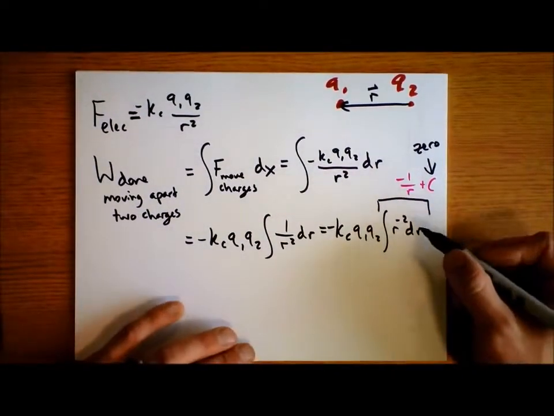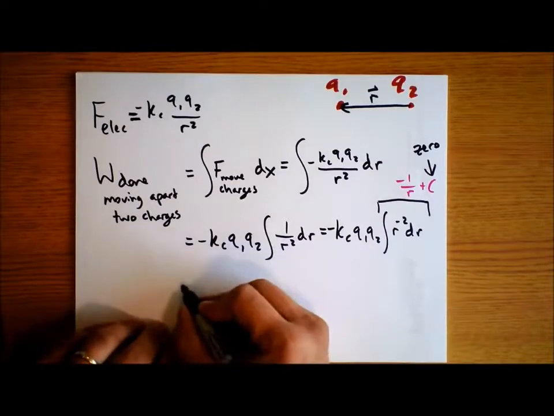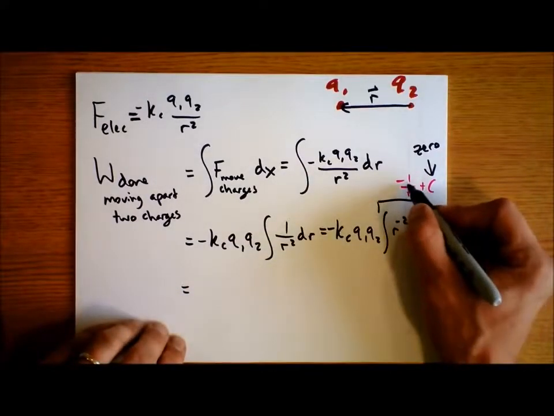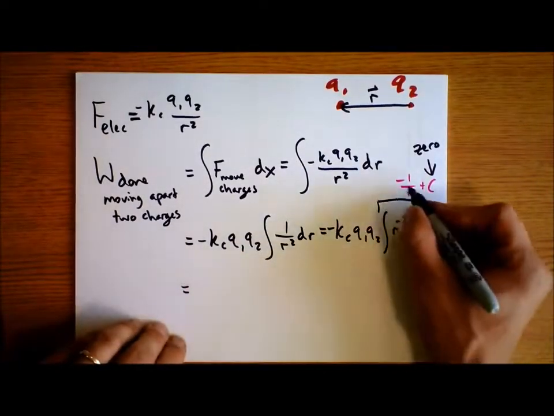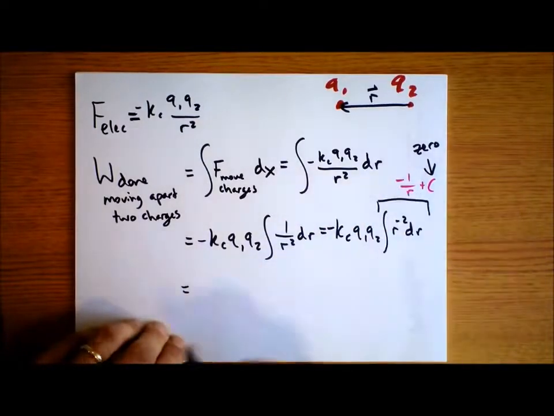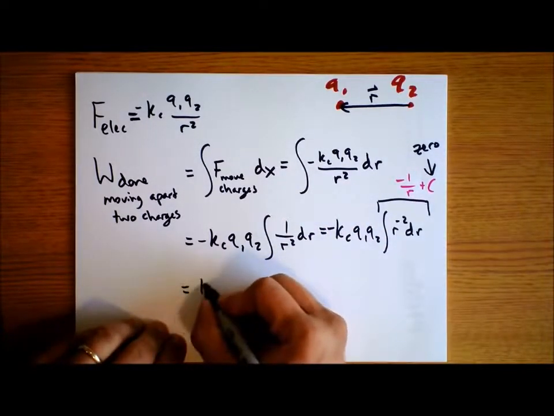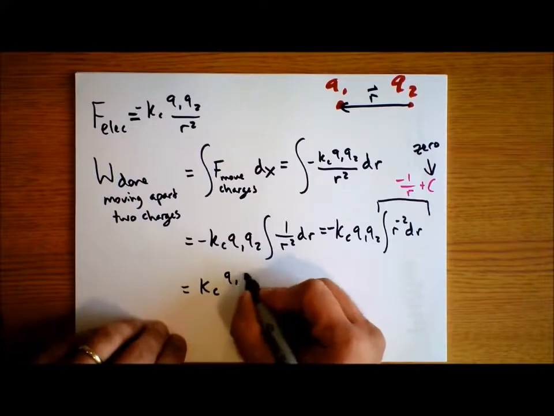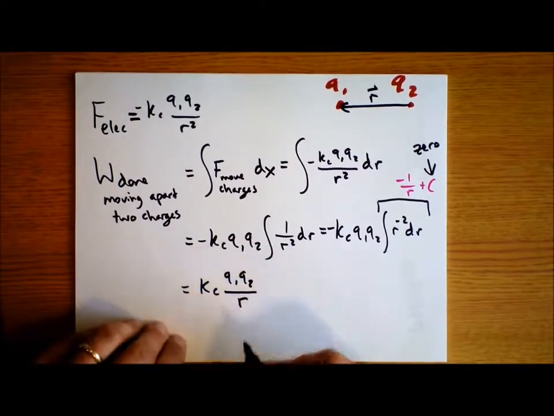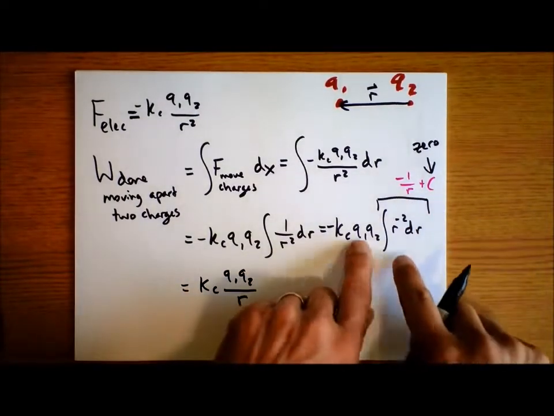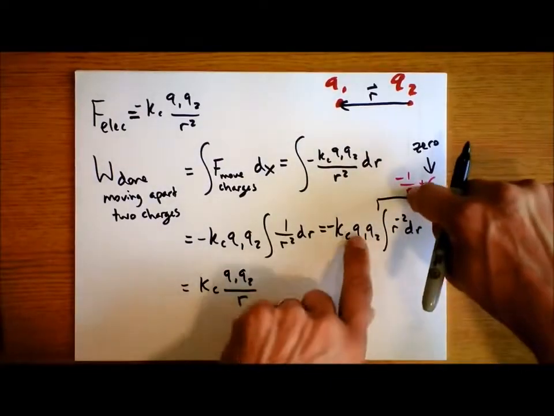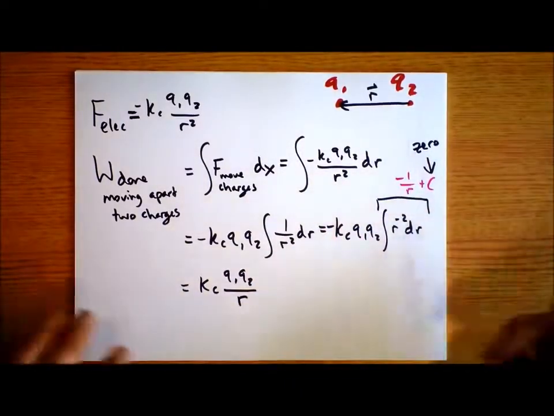Ask me in class, send a note to the comments, etc. But we can simply plug in negative 1 over r. So the minus signs are going to cancel, and we'll have Kc times Q1 times Q2 over 1 power of r, because this integral gave us 1 over r, minus signs canceled, and there we are.